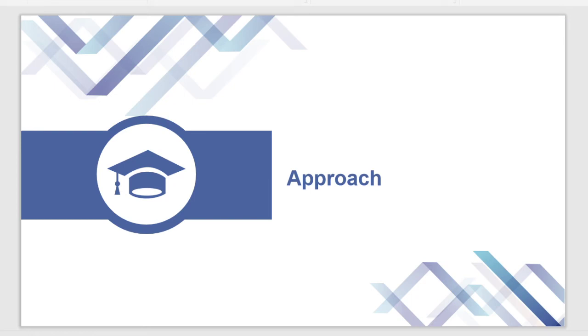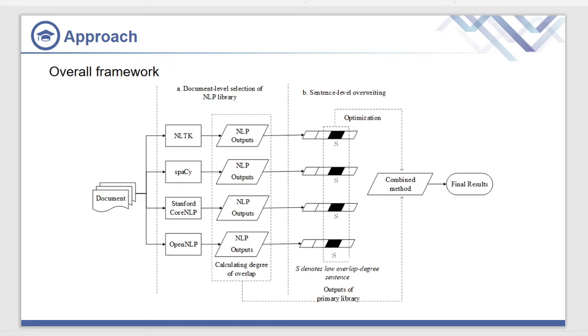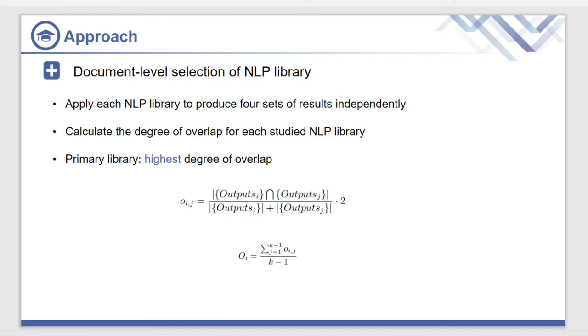Section 3 is the approach of the combined method. The overall framework of our combined method is illustrated in this figure. The combined method mainly consists of two steps: document level selection of NLP library and sentence level overwriting. In the first step, we apply the chosen NLP libraries to produce 4 sets of results independently.